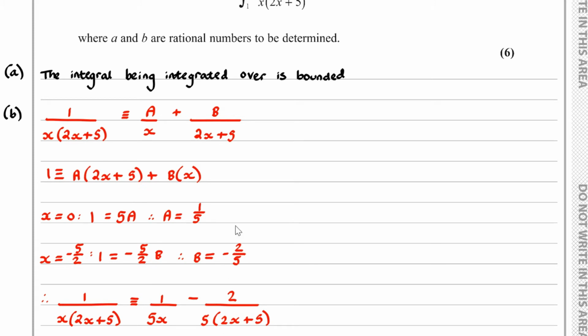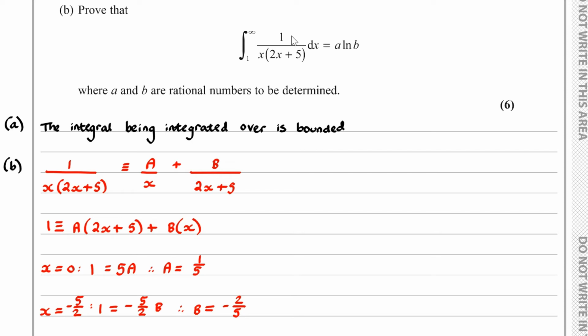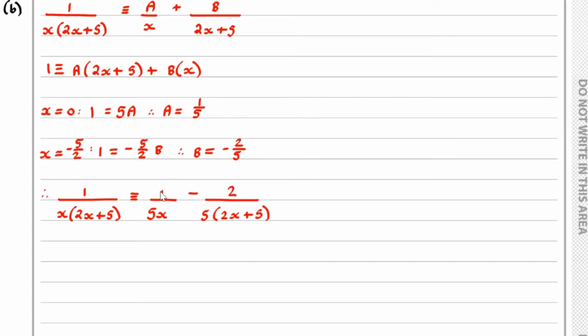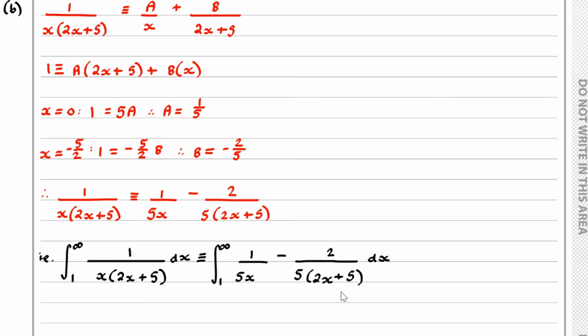And now we wish to evaluate this integral over here, and we can simply replace this over here with what we've just found over here. So we get this result over here.